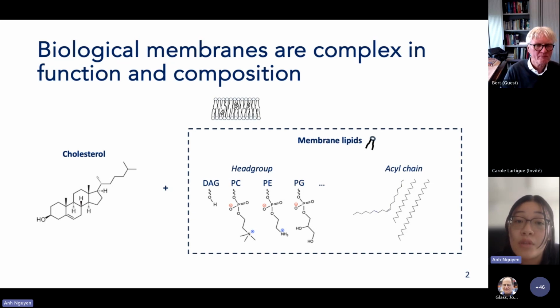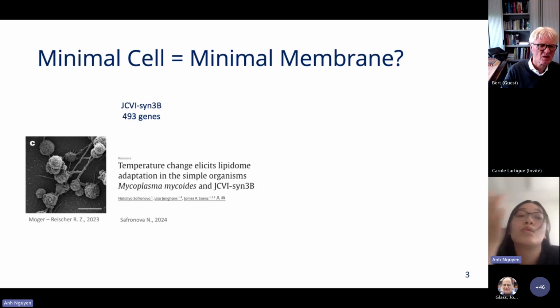And you also need to know how to use the membrane, which makes the regulation machinery very difficult to understand. That's why we look to the minimal cell, in the hope of looking at a simpler, more straightforward remodeling system. And in this crowd, I probably don't need to introduce the JCVI-syn3B we have here.